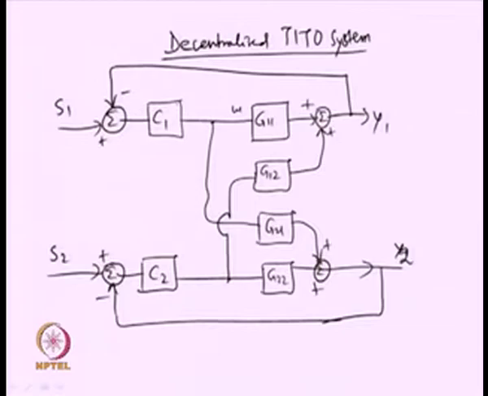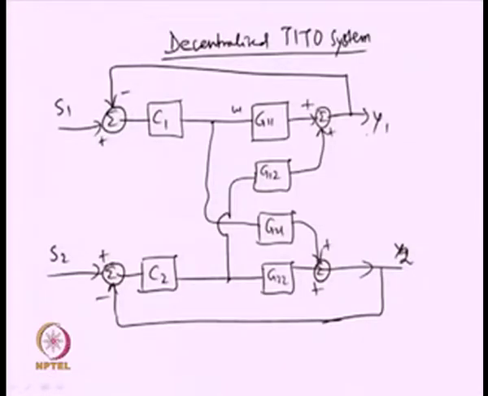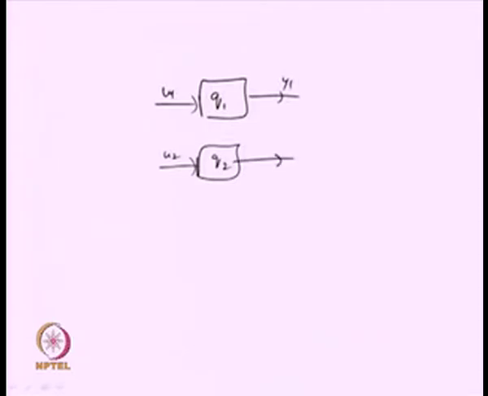Now, in place of the transfer matrix which has got 4 elements G11, G12, G21 and G22, it is possible to find the transfer dynamics between Y1 to U1 and Y2 to U2, or indirectly speaking this dynamics can be equivalently represented by two subsystems given in the form of U1, Q1, Y1 and U2, Q2, Y2.